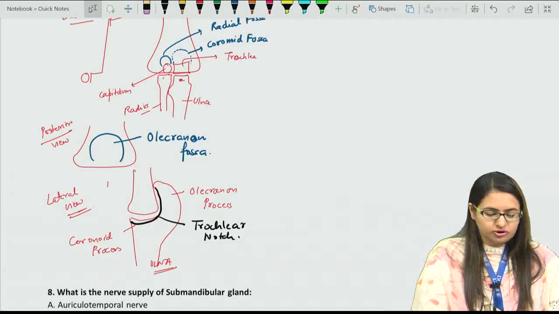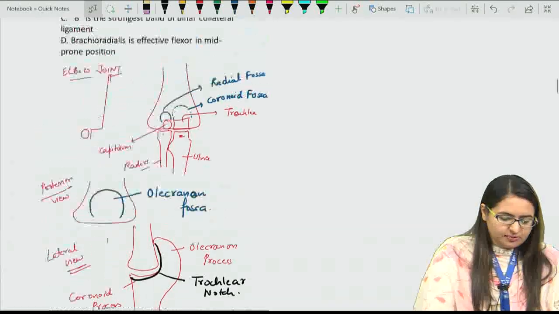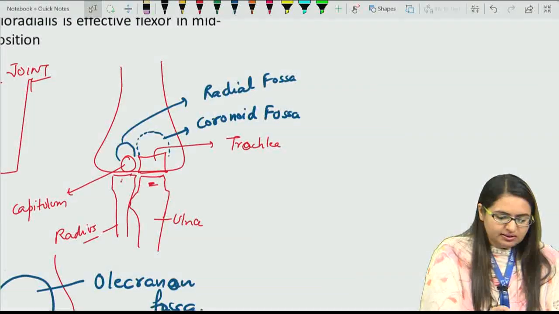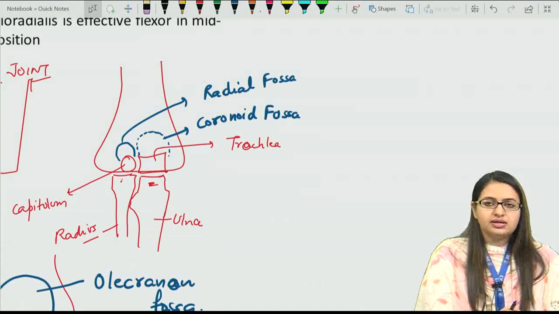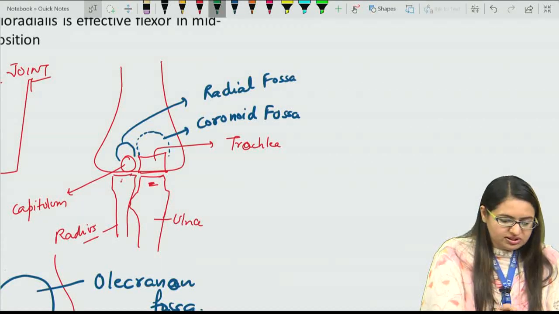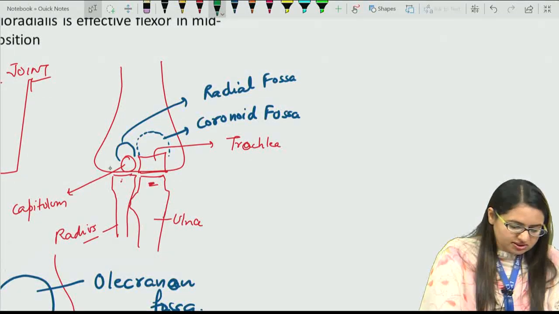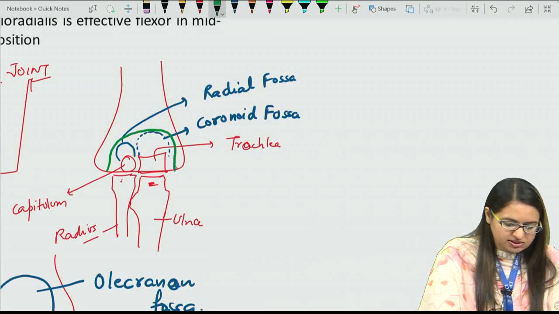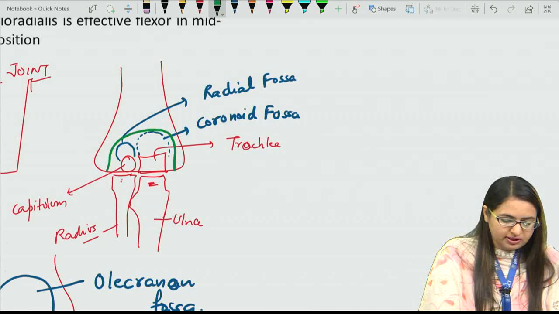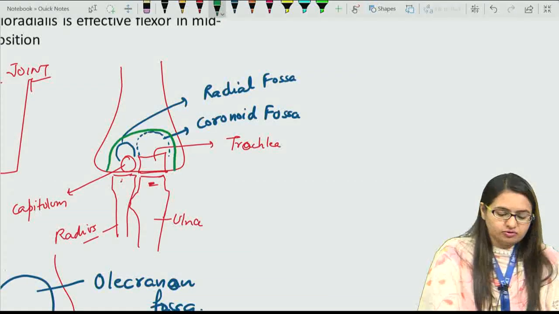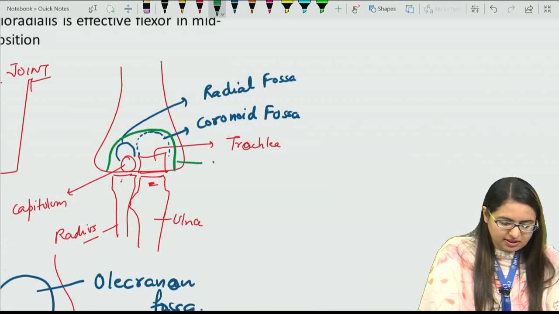Now, when we talk about the capsule of the elbow joint, when we see its attachment in the humerus, it is attached in such a way that it includes the capitulum, trochlea, as well as the radial fossa and the coronoid fossa. This is the capsule.